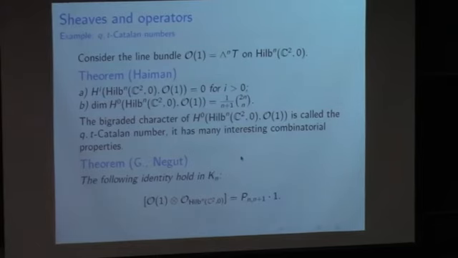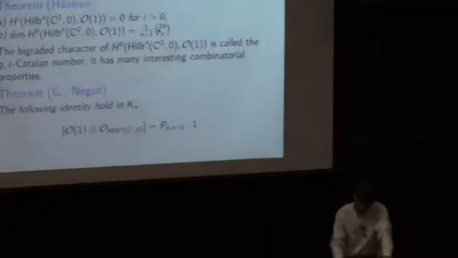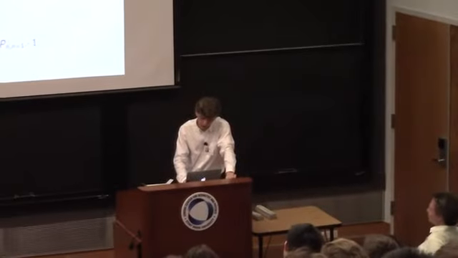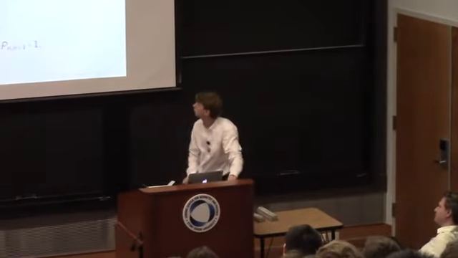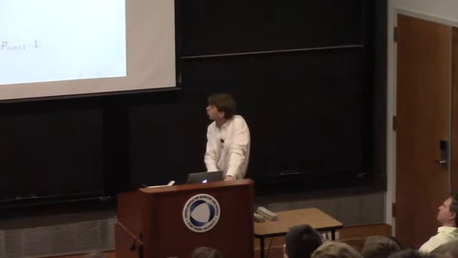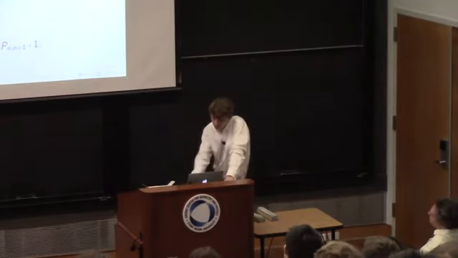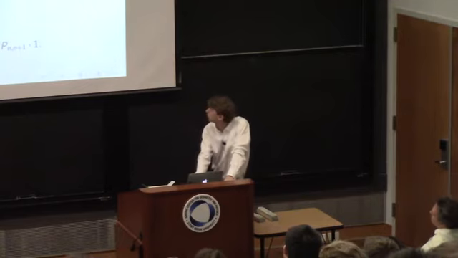So there is a particular line bundle, which is the top exterior power of the tautological bundle on the Hilbert scheme of n points, and you can restrict it to the Hilbert scheme of points supported at 0. And Haiman proved quite a long time ago that for this line bundle, all higher cohomology vanishes, and the dimension of the space of sections is equal to this combinatorial number, which is known as the Catalan number.